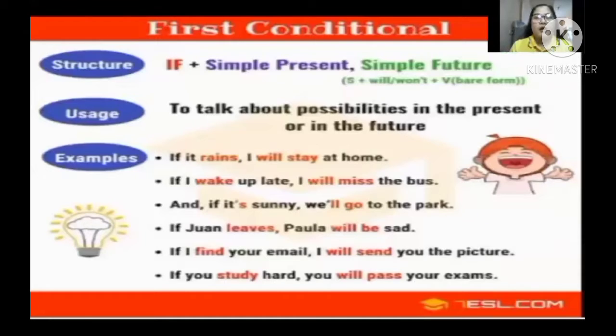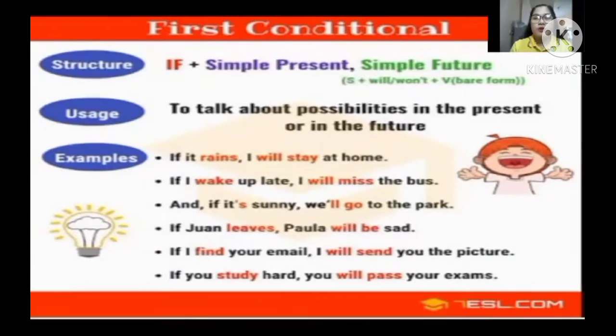Okay. Now let's proceed to the lesson for today, which is the first conditional and then the rest of the types of conditional sentence. So how do we form the first conditional sentence? We use the if clause in the simple present tense and then the main clause which uses the simple future tense.